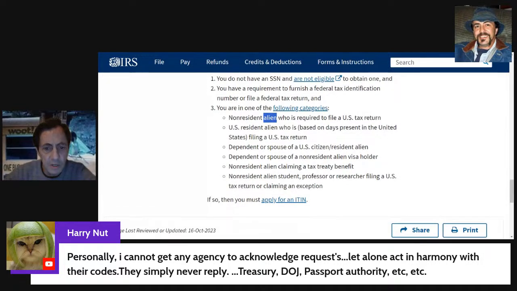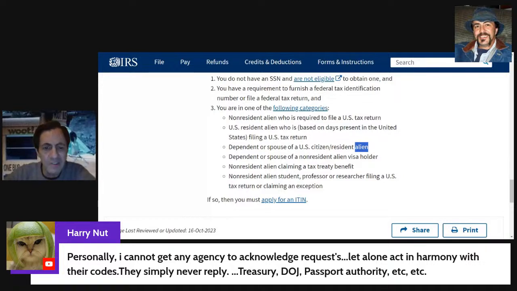Dependent or spouse of a U.S. citizen. Resident alien. See, they want to call everybody an alien, even though they're a resident or a non-resident. They're saying they're aliens. That we're the aliens. It's a fiction.